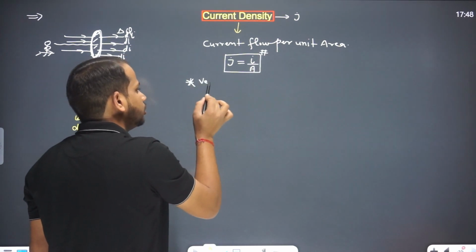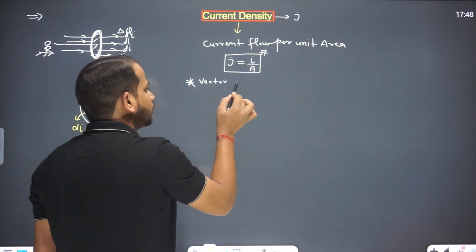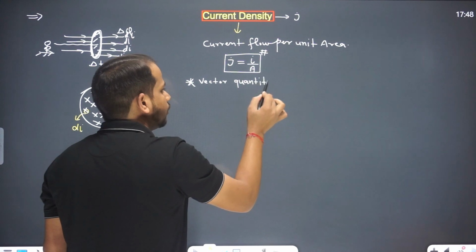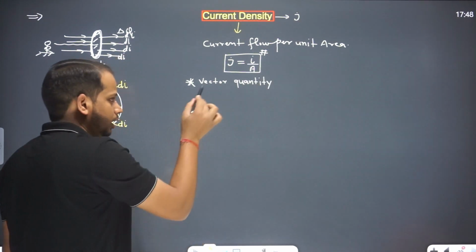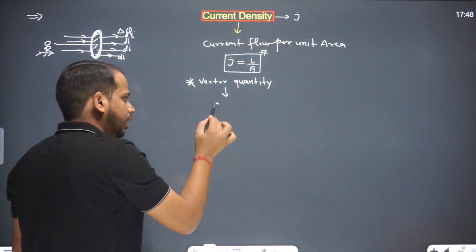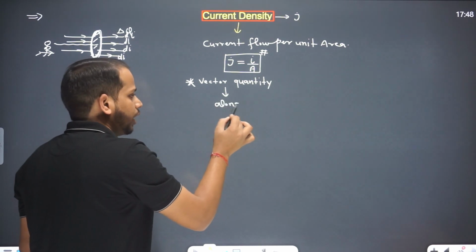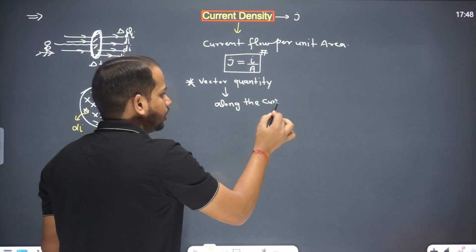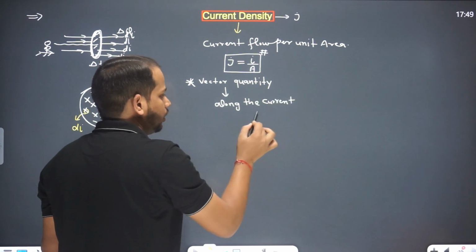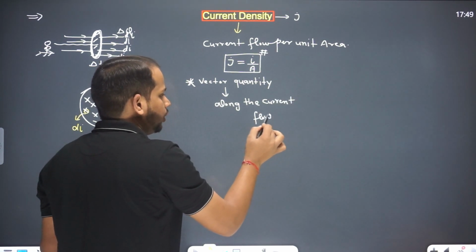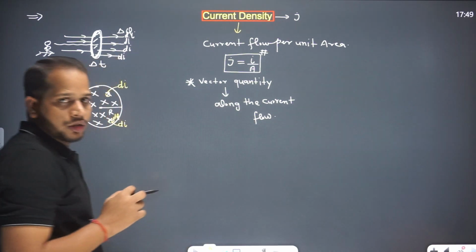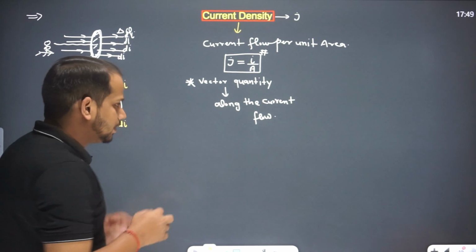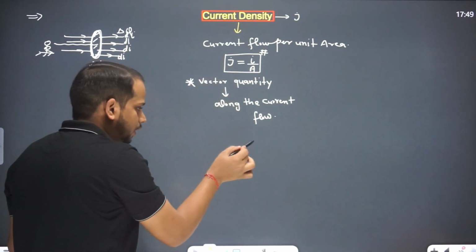It is a vector along the current flow, right? So if we know J at any point, we can explain the direction of flow of current, right? If I'm saying there is an area we have, right?